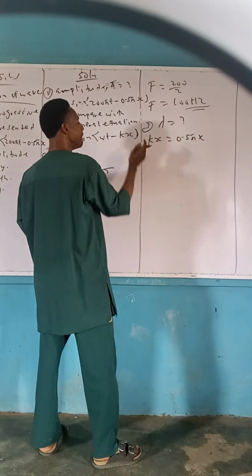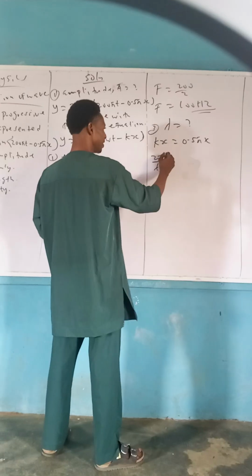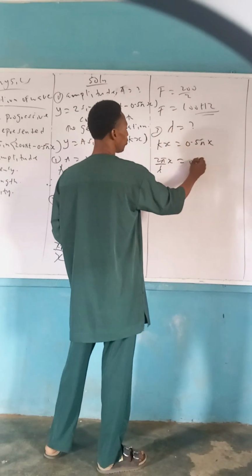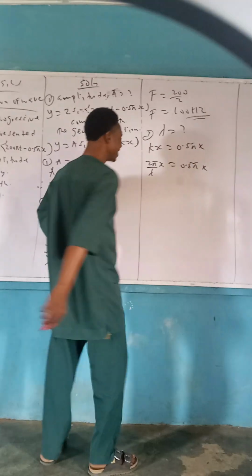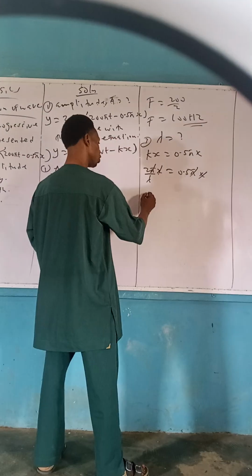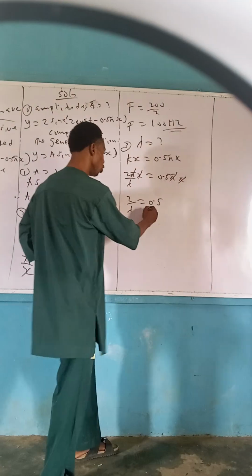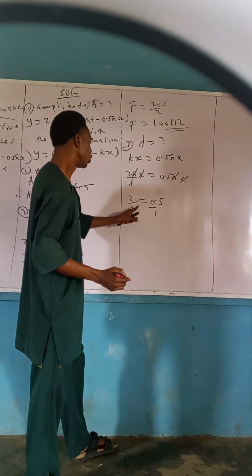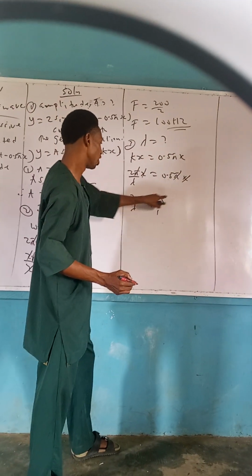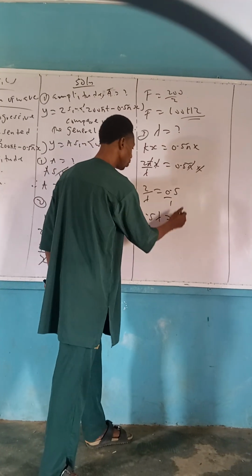Now, what is my k? My k is 2π over λ. I place this x here, equal to 0.5πx. What can I find in common? x cancels x, π cancels π, I have 2 over λ equal to 0.5. I can put 2 over 1 here. I need to get lambda. So λ times 0.5 gives 0.5λ equal to 2 times 1, which gives 2.